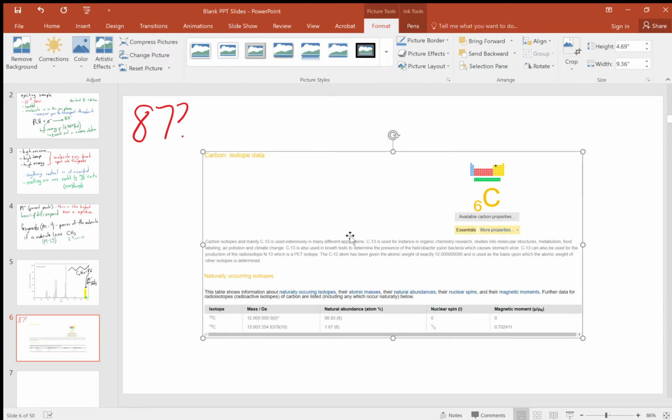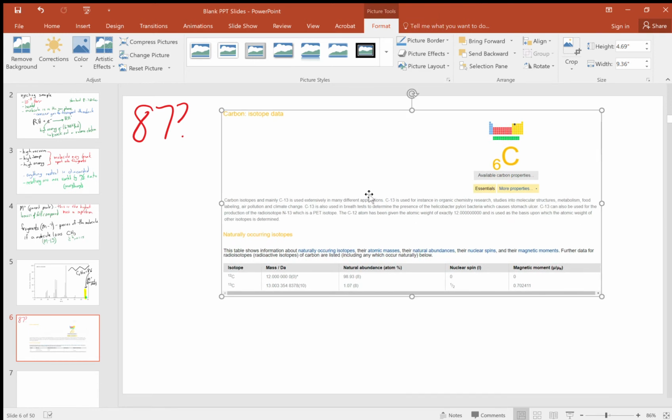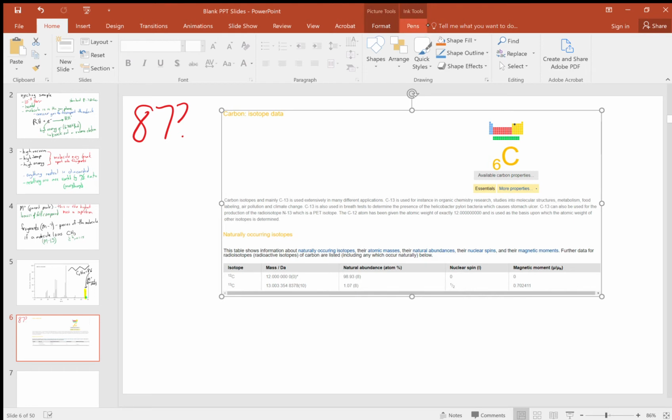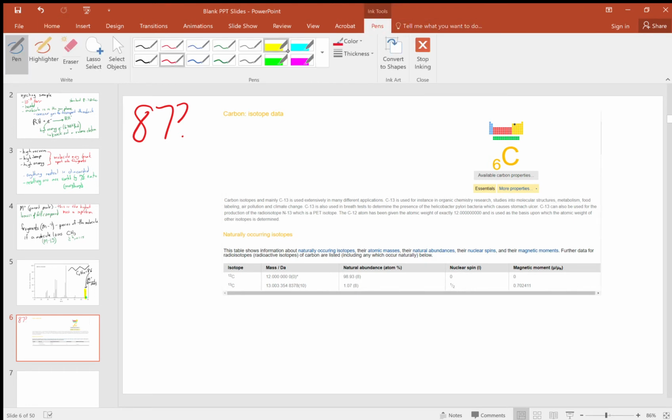So if we look up isotope data for carbon, we can find the table down at the bottom for the 2 naturally occurring isotopes for carbon. C12 is about 99% of the natural abundance, and C13 is just over 1% of the natural abundance.